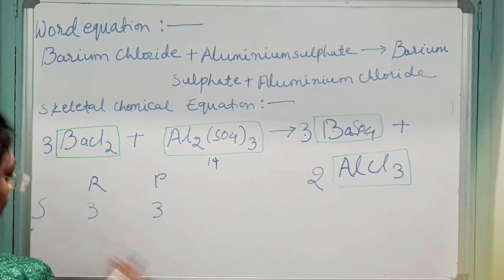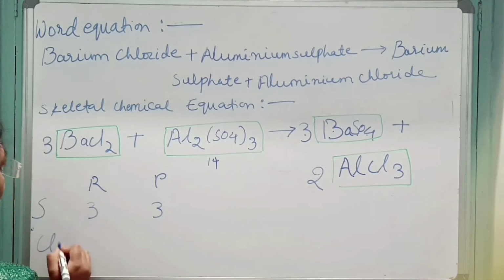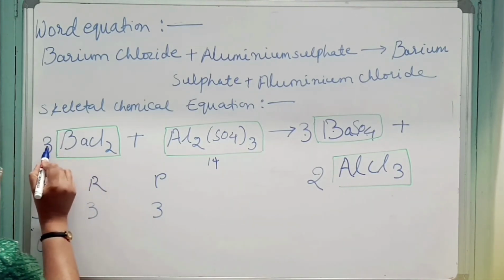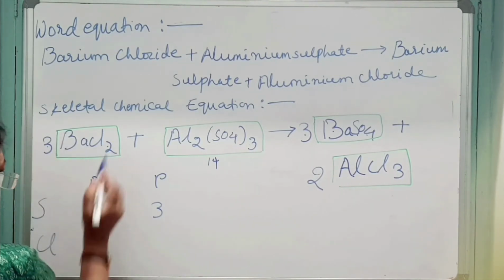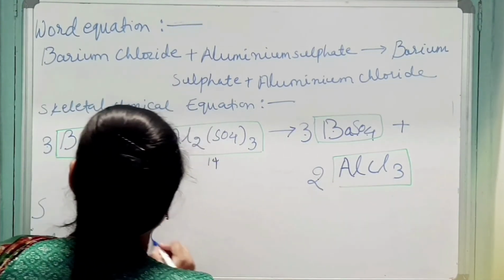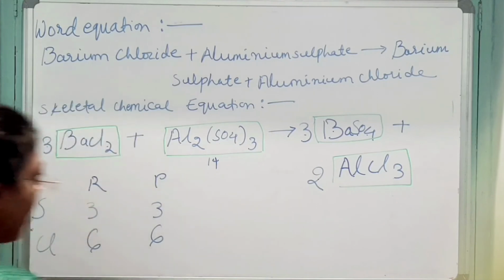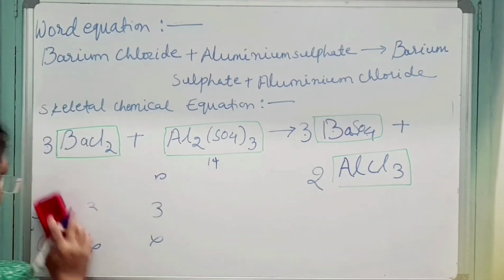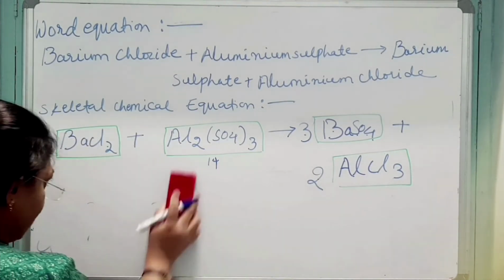Now comes the Cl. Cl is 3 into 2, 6, and here it is 2 into 3, 6. So chlorine is also balanced. So we can see that the whole equation is balanced now.